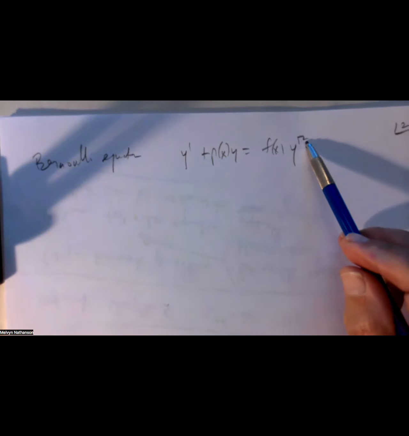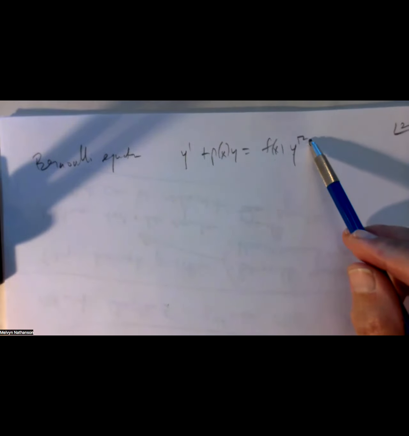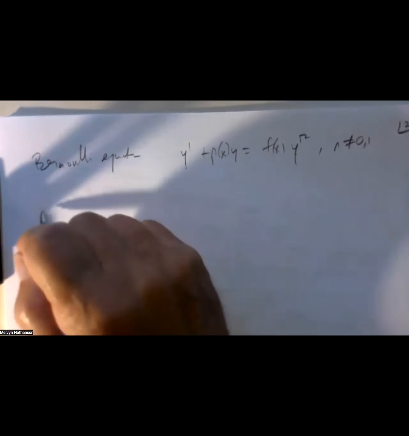And of course, if r is 0, this is just f of x, it's linear. If r is 1, you can just bring this over to the left-hand side and you have a homogeneous linear equation. So this is nonlinear if r is different from 0 or 1. And the technique for solving this equation is the following.